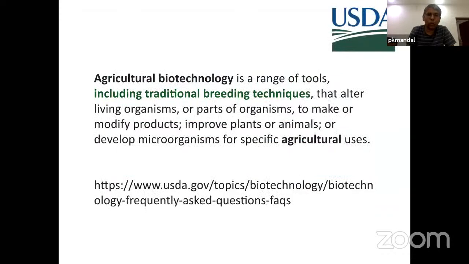Yeah. So now coming to agriculture biotechnology, exactly what I told so far has been put together, and I have given an example from USDA. We have different disciplines, even different organizations, giving that terminology. So it includes traditional breeding also. Like I was telling, when we are talking about Bt cotton, it is a biotech crop.